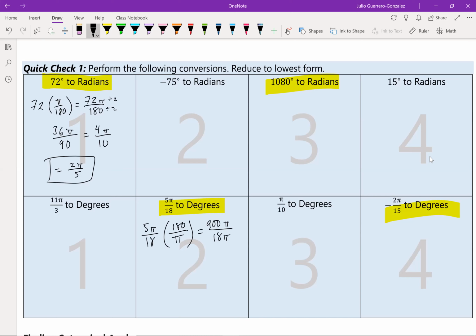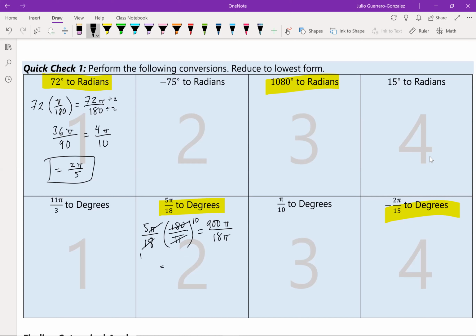I like to reduce right over here automatically. Just how you remember how to reduce it back in kindergarten, right? So this is 18. If I cancel these, I get left with 1 and 10, right? And then pi and pi cancel.